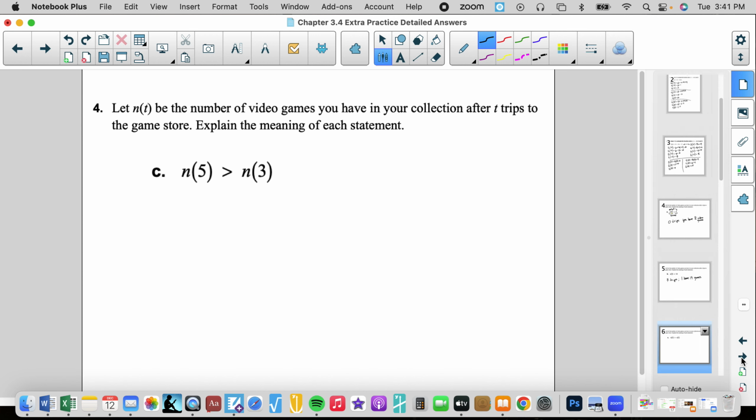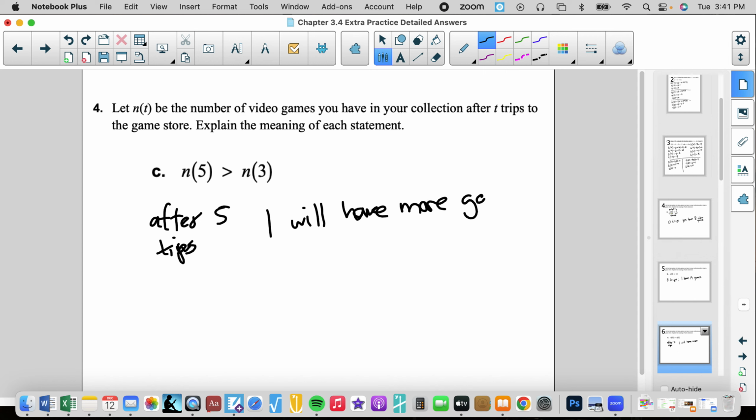And after 5 trips, I will have more games than when I made 3 trips.